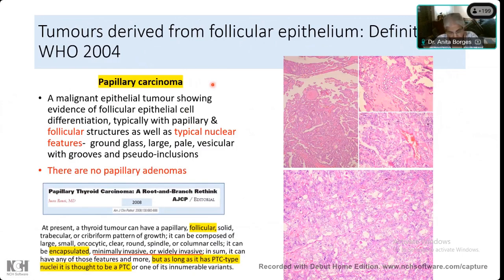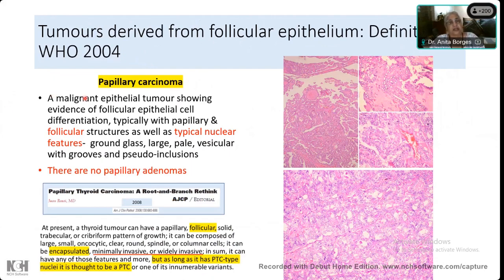No follicular lesion can be defined on its own. So follicular lesions were defined by exclusion. So you defined a papillary carcinoma, and you must remember this definition because it still exists.